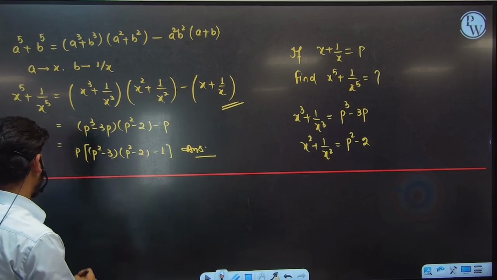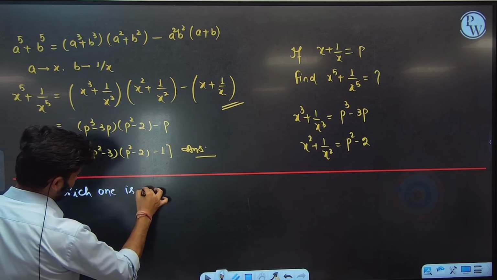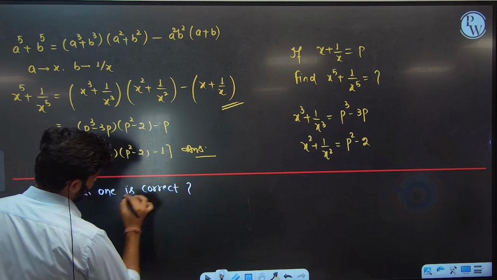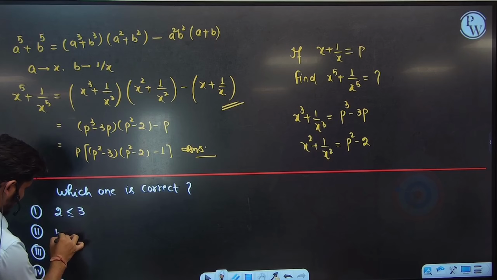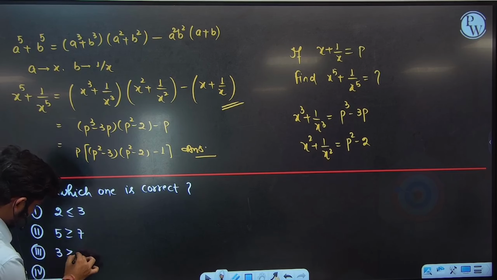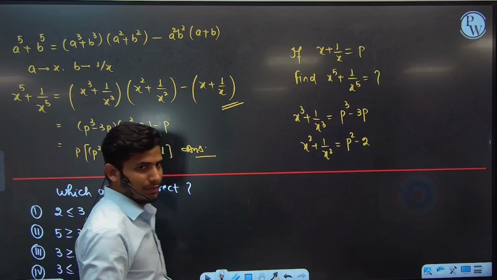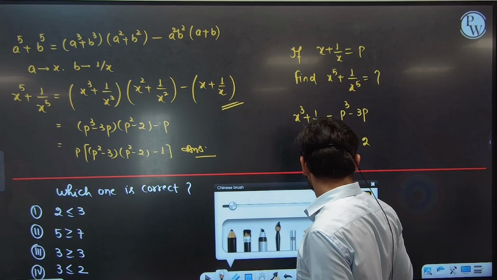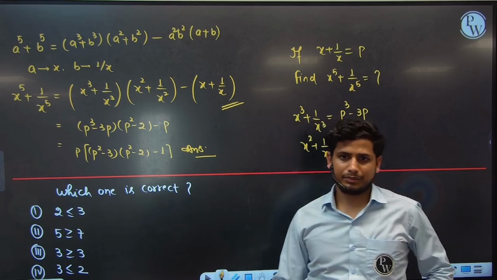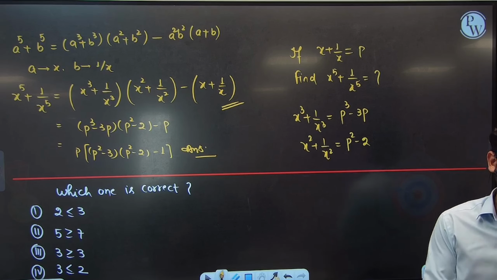Okay, tell me which one is correct. Now tell me which one is correct, or which are correct.